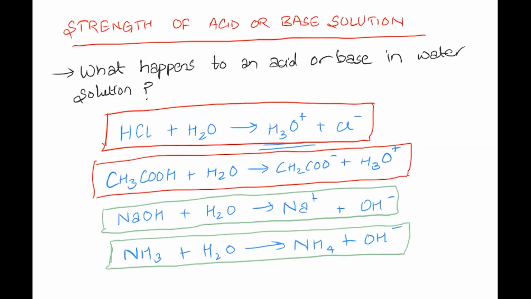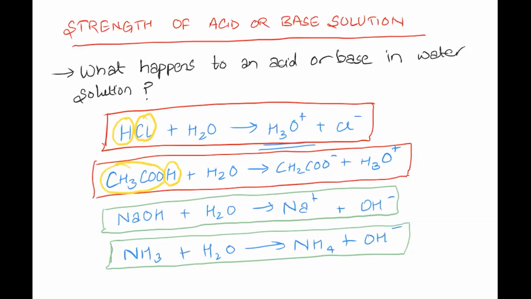Now suppose we are having any acid. You can clearly see any acid has one hydrogen and some other group attached to it. Clearly here also there is one hydrogen and some other group attached along with hydrogen.